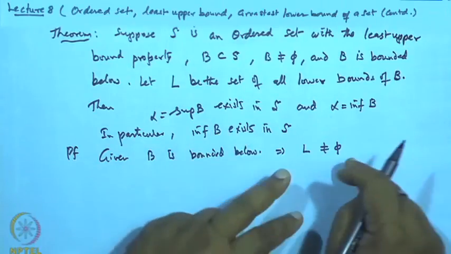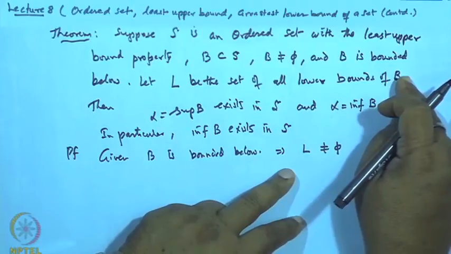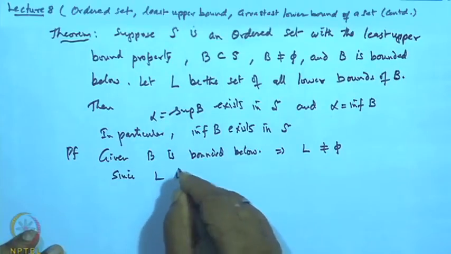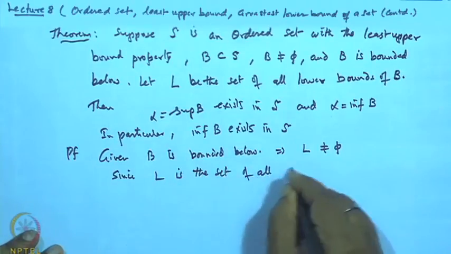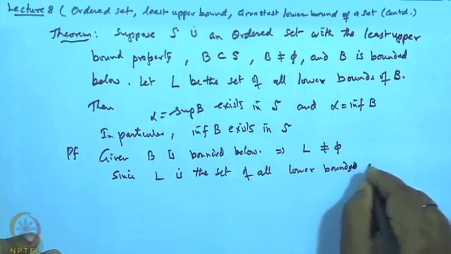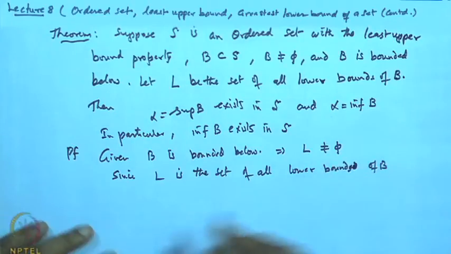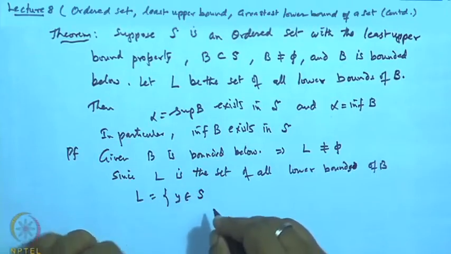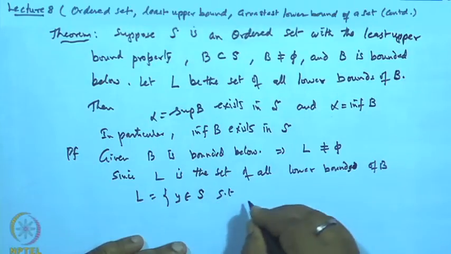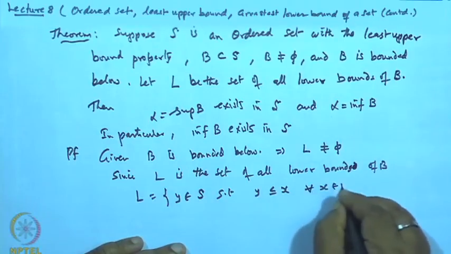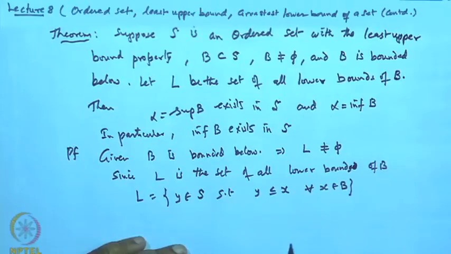Okay. Now, L is the set of all lower bounds of B. So, basically L consists of those points y in S such that y is less than or equal to x for every x belongs to B. Because L is the collection of lower bounds.